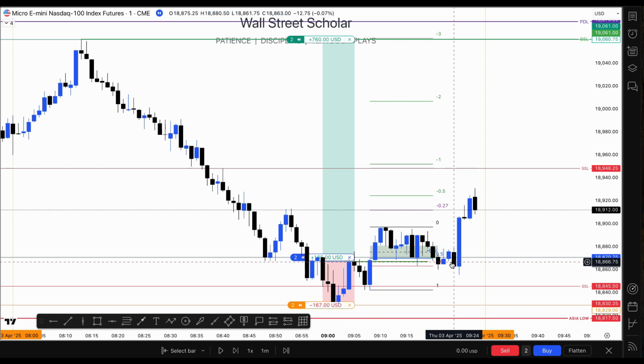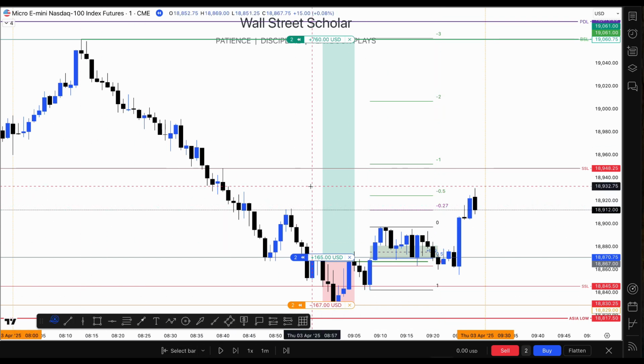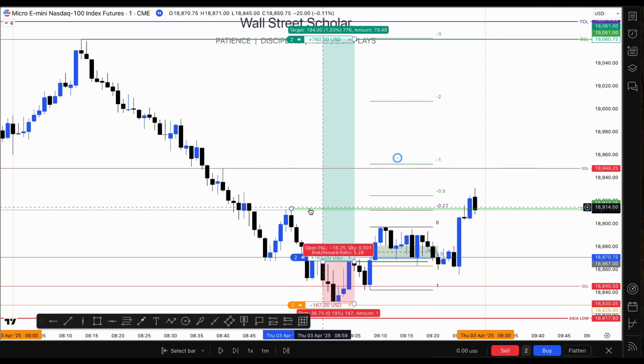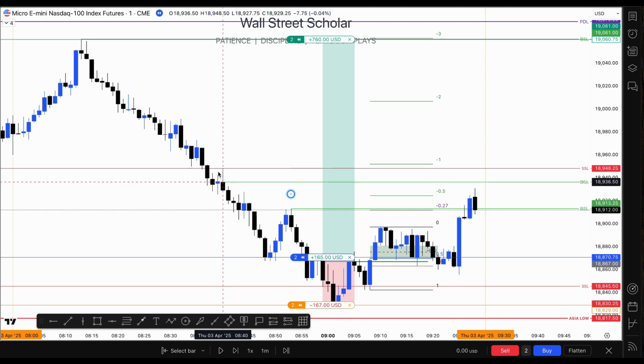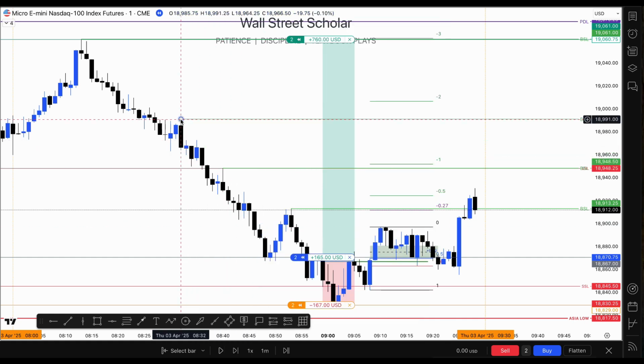Now I can say this. This is a target, the negative 0.5 on the Fib. It's a great target. We have minor buy side liquidity here, minor buy side liquidity at this wick here, and another one here.